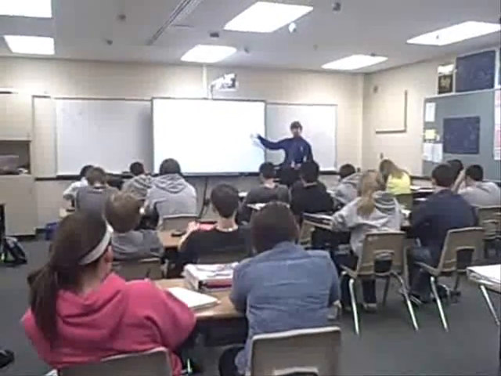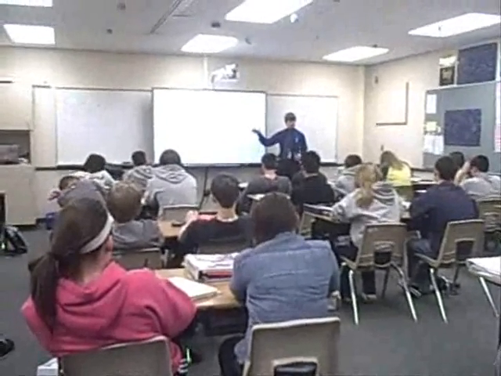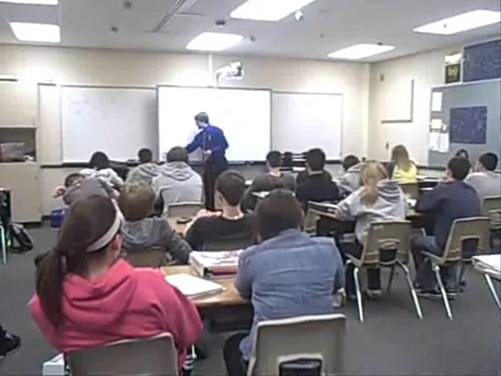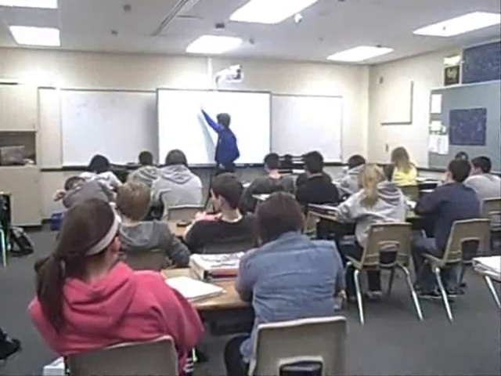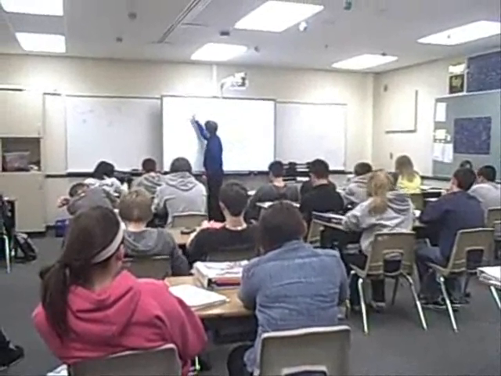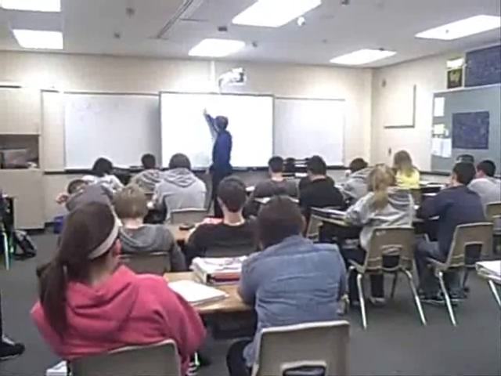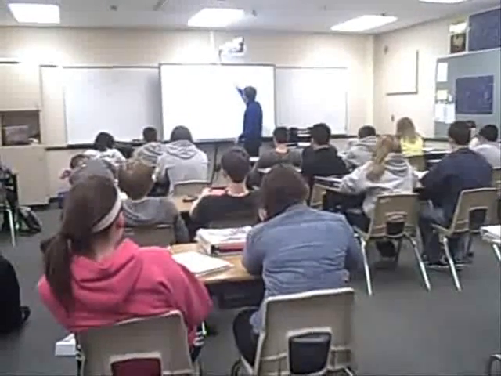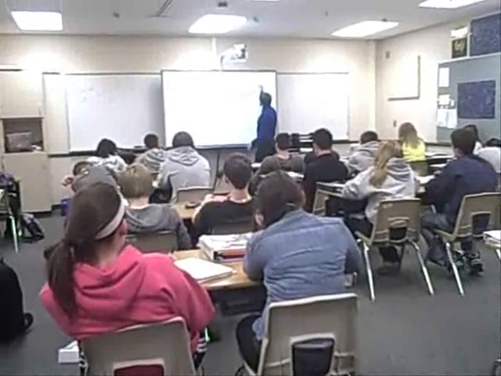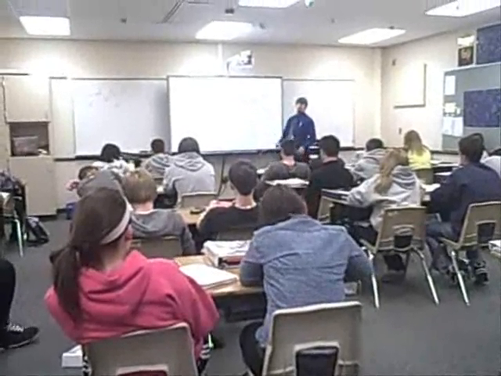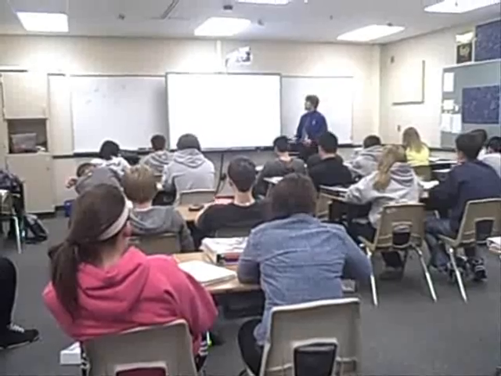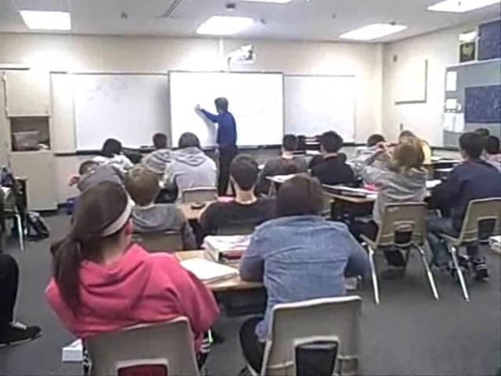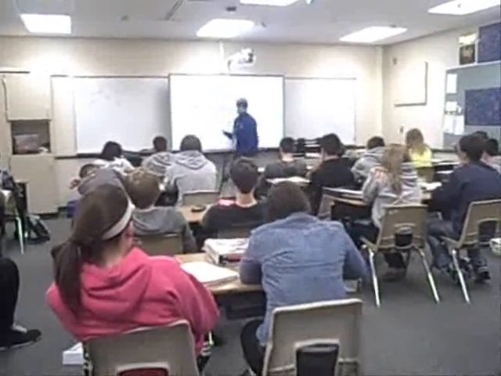This is how we prove the law of cosines. So, we have c squared is equal to a squared plus b squared minus 2ab cosine of c. Does anybody have an idea if I want to make it equal to a squared?